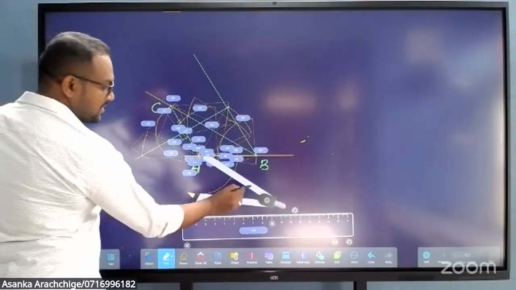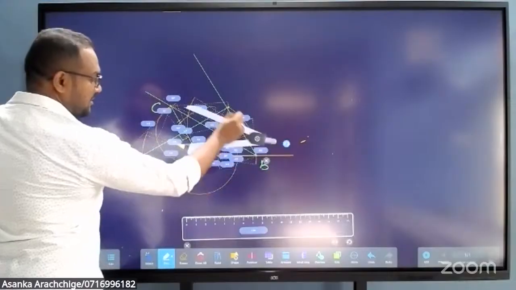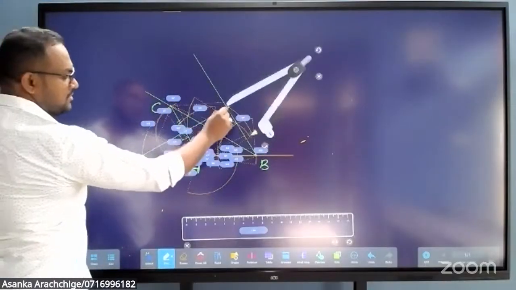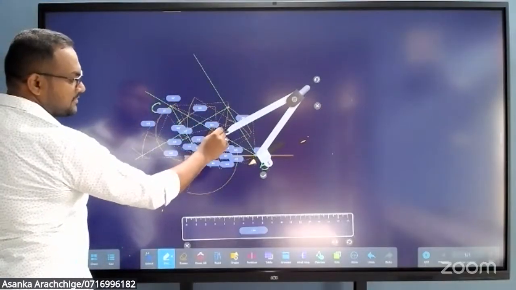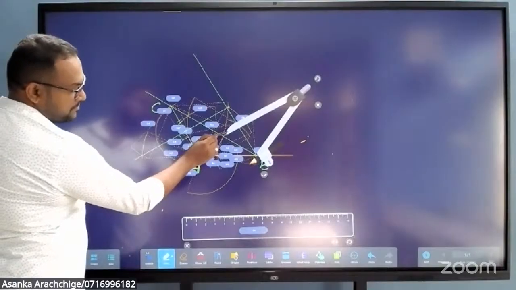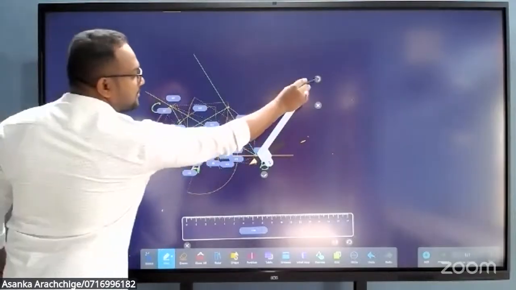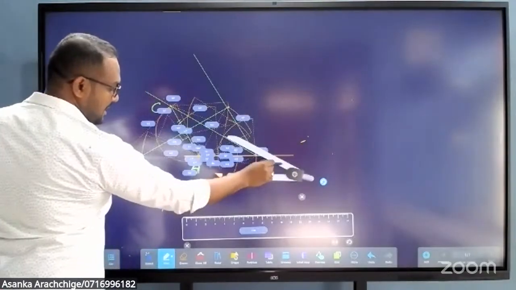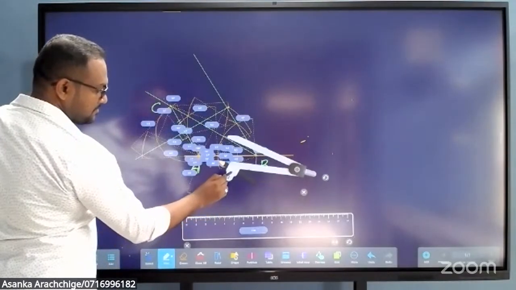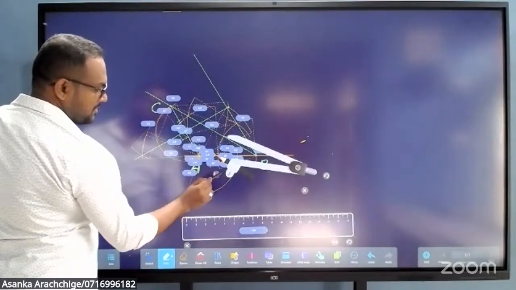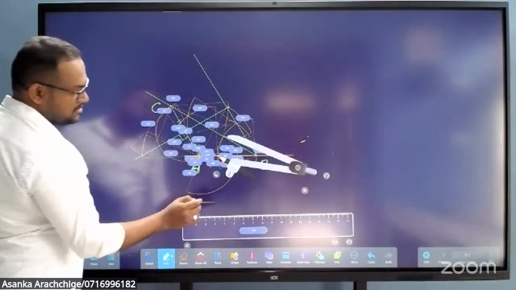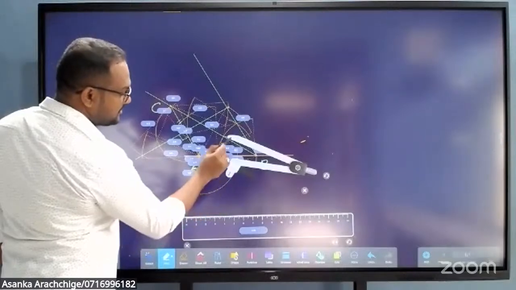Then we have to take the distance between these 2 points of intersection, this point and this point.